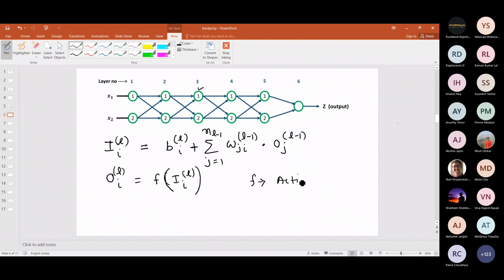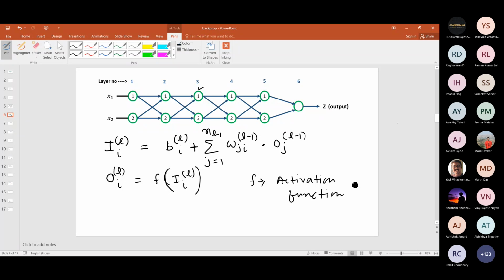You can choose some activation function the way you like: ReLU, tanh, sigmoid, Leaky ReLU, something like that. Because I have to come up with a generalized form for this algorithm, I'm not taking a specific one, but you can take anything and simply manipulate it. It's pretty trivial stuff. Now, any question on the input and output?